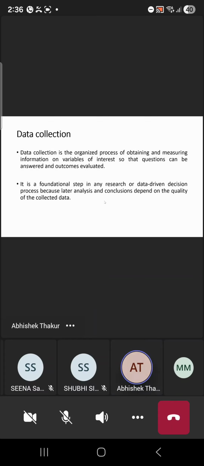So how can we collect data? In the very first class, I already discussed there are different methods to collect data. First is primary data collection, and the second one is secondary data. Secondary data means data already available in the public domain in the form of published or unpublished literature.